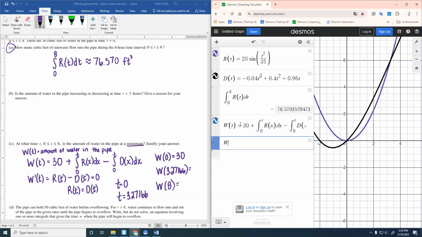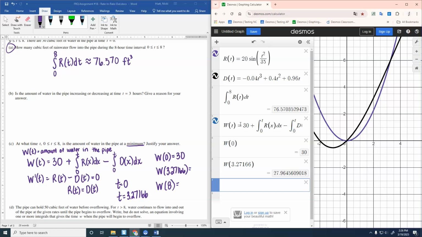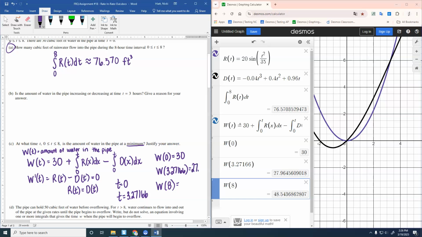And then if I do W of 0, W of 3.27166, and W of 8, I get these three values here, so I get 27.965, and I get 48.544 there. I think that's right.